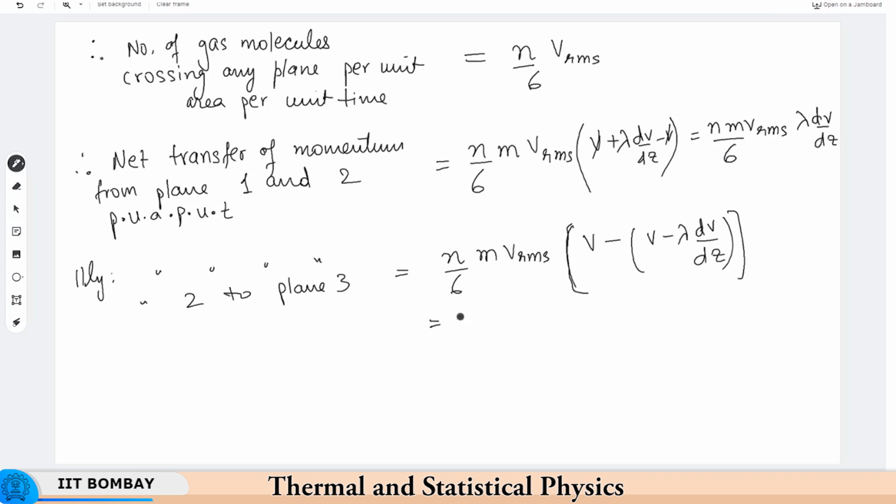And in the second case, this term is also the same, m Vrms, and this V cancels out. So minus minus becomes plus lambda dV by dz.